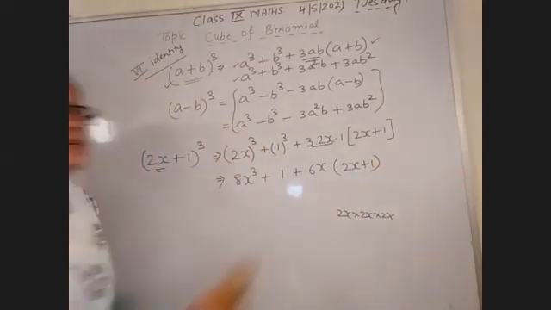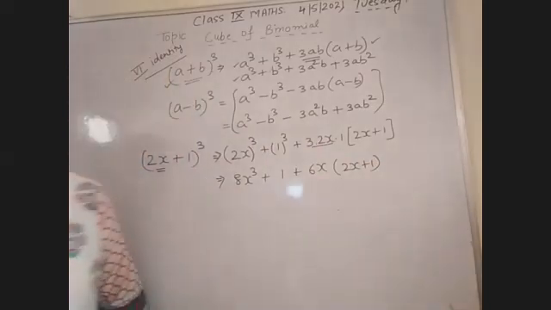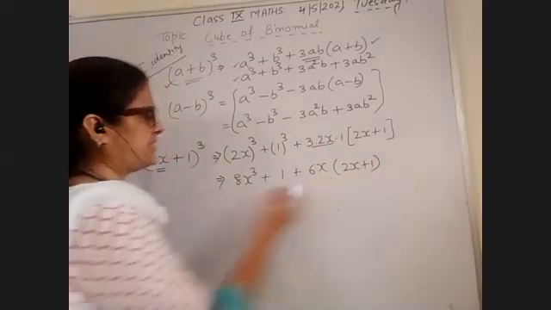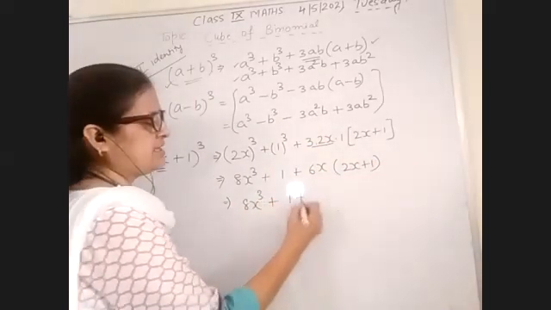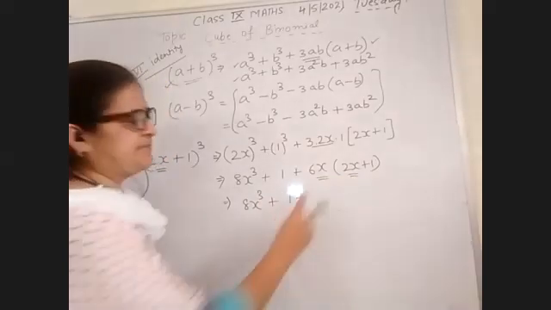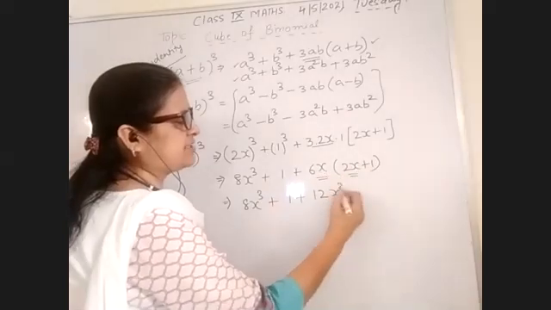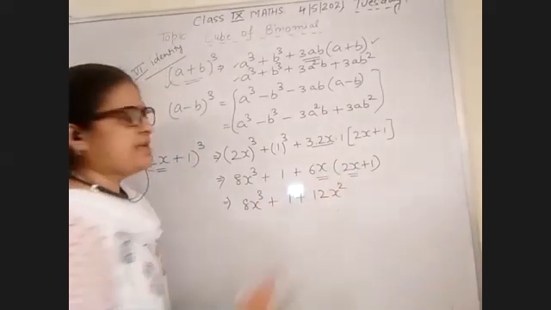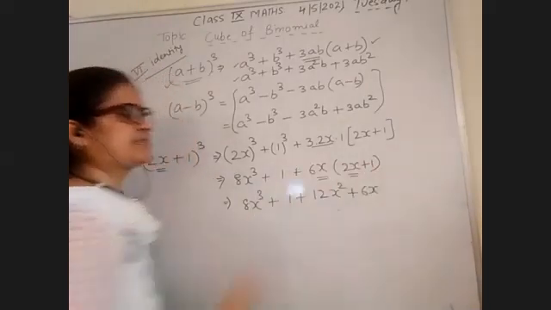Now how will you expand this product also? How will you take the product of 6x bracket में 2x plus 1, 8x cube plus 1. When you multiply 6x with 2x, 6 into 2 is 12, and x multiplied by x becomes x square. And when 6x is multiplied by 1, it is equal to 6x.